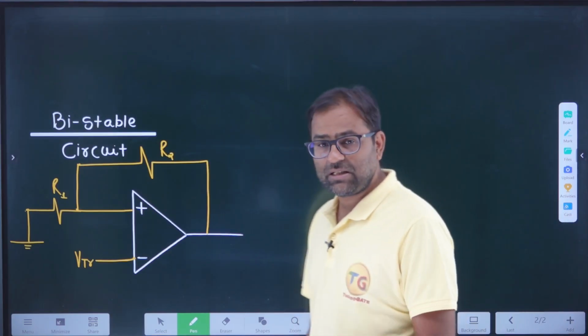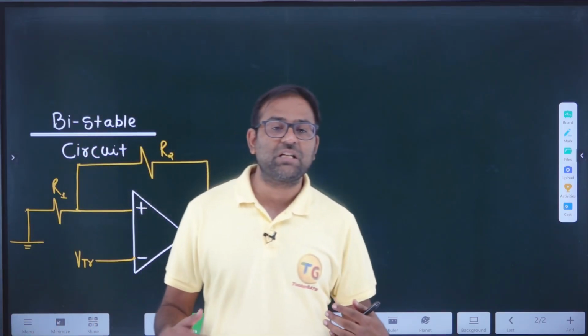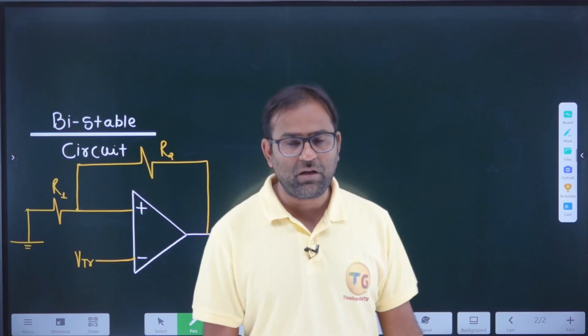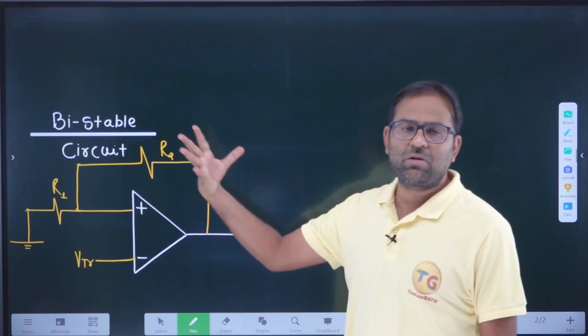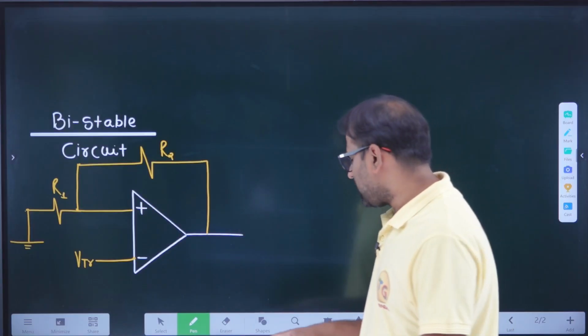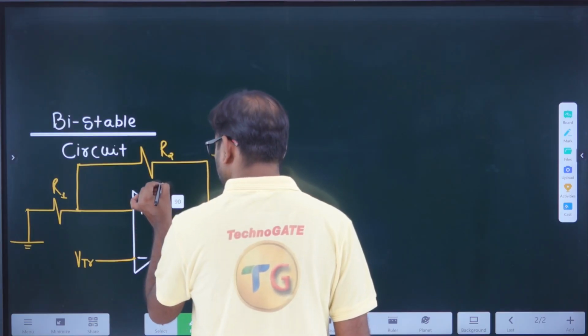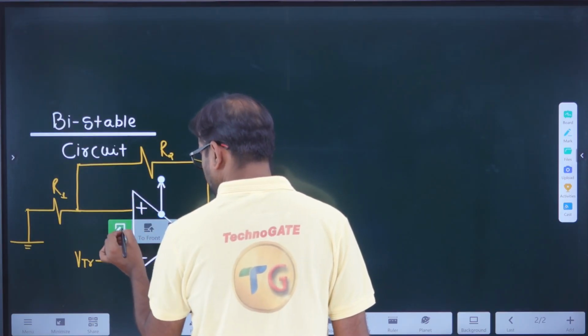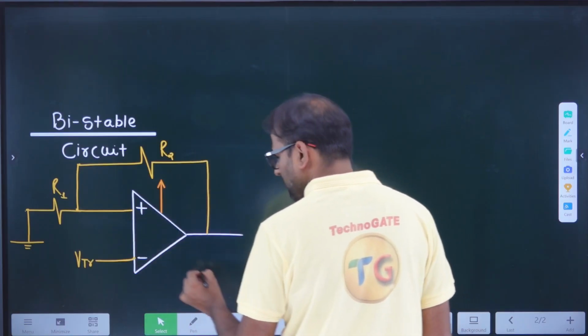The threshold voltage is one external trigger which is responsible for changing the state of this op-amp. Then you can ask, what states are we talking about? We are talking about two states: one state is known as positive saturation and another state is known as negative saturation.